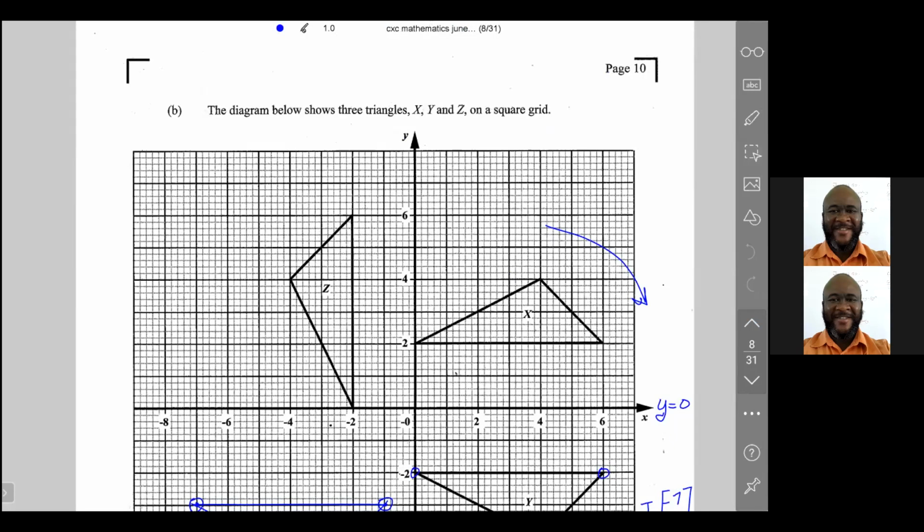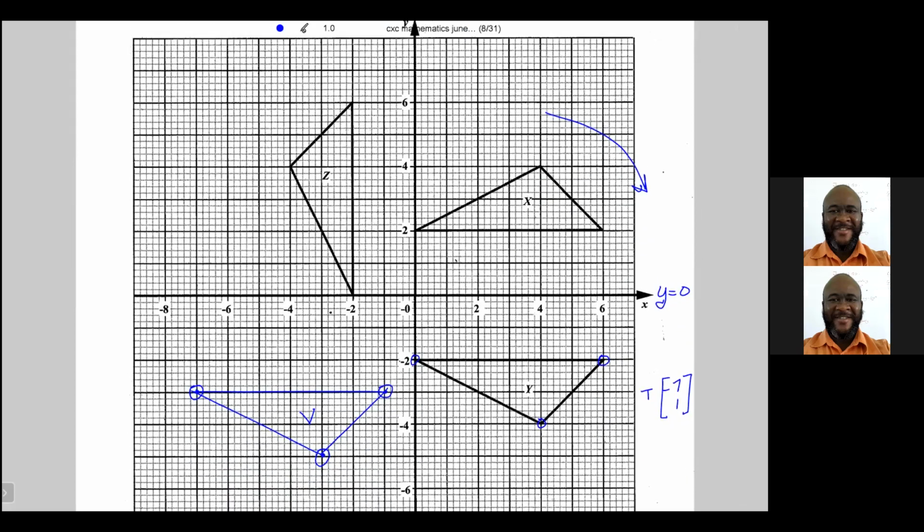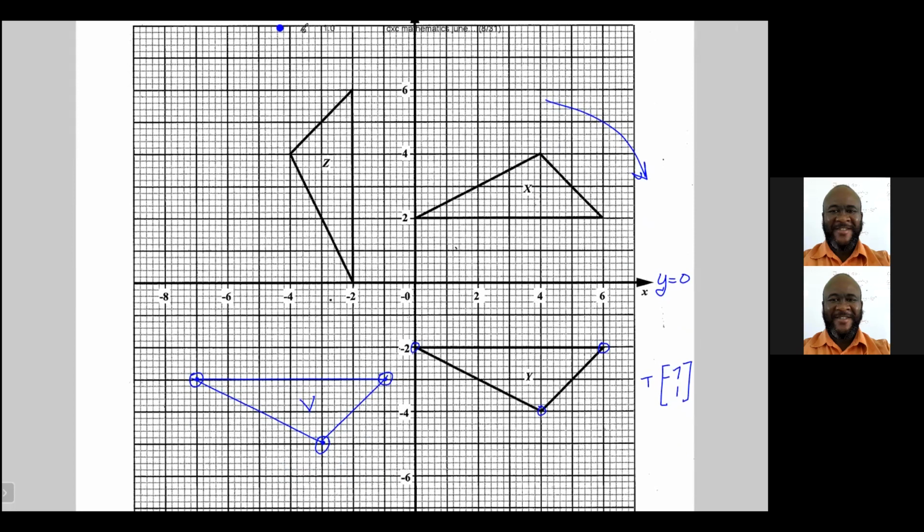In an enlargement, the distance from the center to the image is K times the distance from the center to the object. So K is 1/2. So whatever is the distance from the center to the object, which is X, the distance to the image is going to be half that.